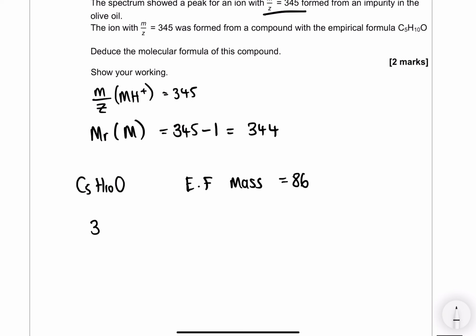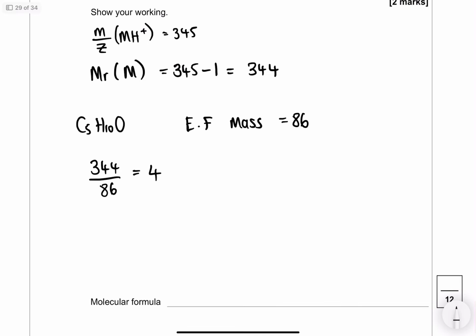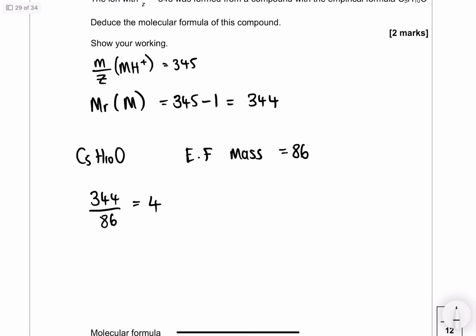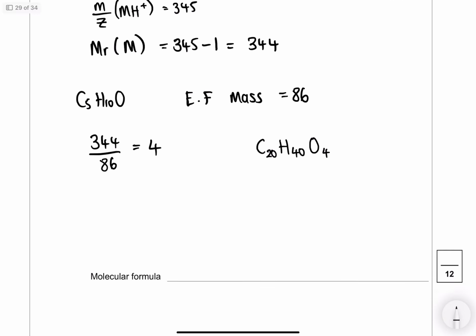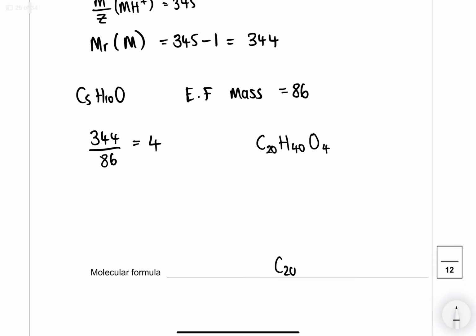So then we want to take 344 and divide it by 86. And we find out that we have to multiply everything in the formula by 4. So C5 becomes 5 times 4 is 20. H10, 10 times 4 is 40. O1, 1 times 4 is 4. So we're going C20H40O4.